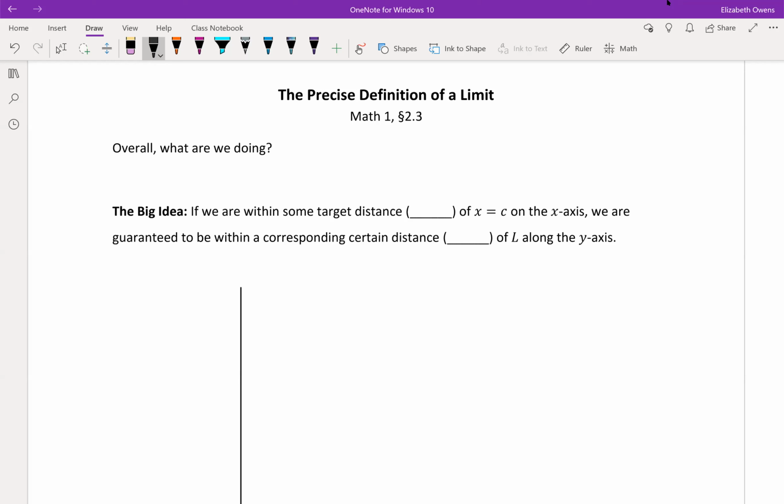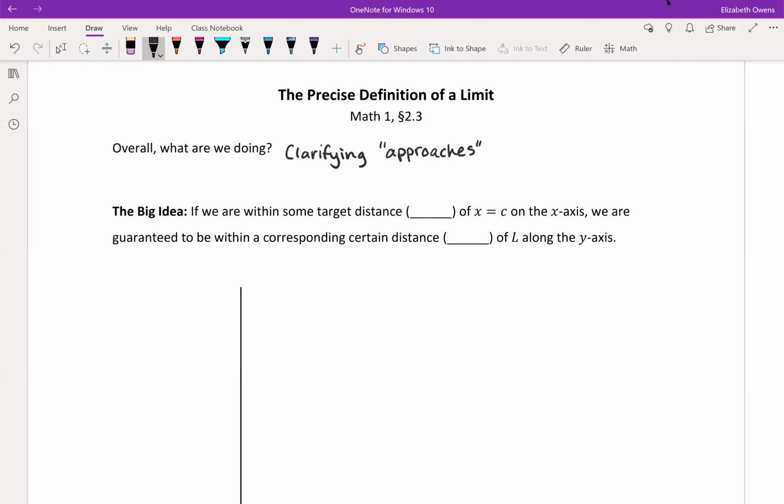So overall, what we're going to be doing here is clarifying some terms that we've been using all chapter. We are clarifying what it means, for instance, to say x approaches a certain value. Approaches is kind of a vague term. What does it mean to approach something?